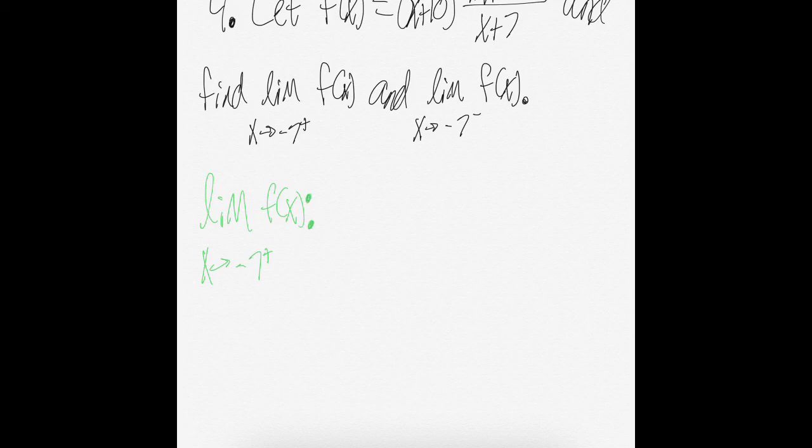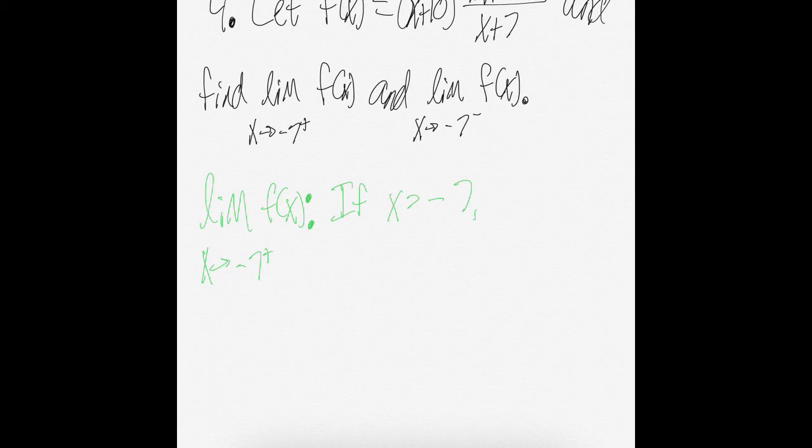Well, the key observation that we're going to make here, and this is why it's important whether we're approaching from the positive or negative side, is that here we're only interested in x greater than negative 7. So if x is greater than negative 7, it might be just a teeny tiny bit bigger, like negative 6.99999999.